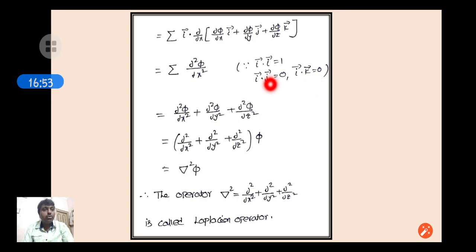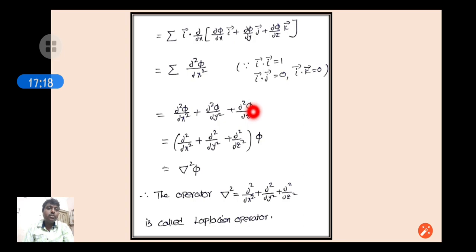So only the i component is present in the summation, the remaining two components are 0. So the component of i bar is ∂²phi/∂x². Expanding the summation, ∂²phi/∂x² plus ∂²phi/∂y² plus ∂²phi/∂z².